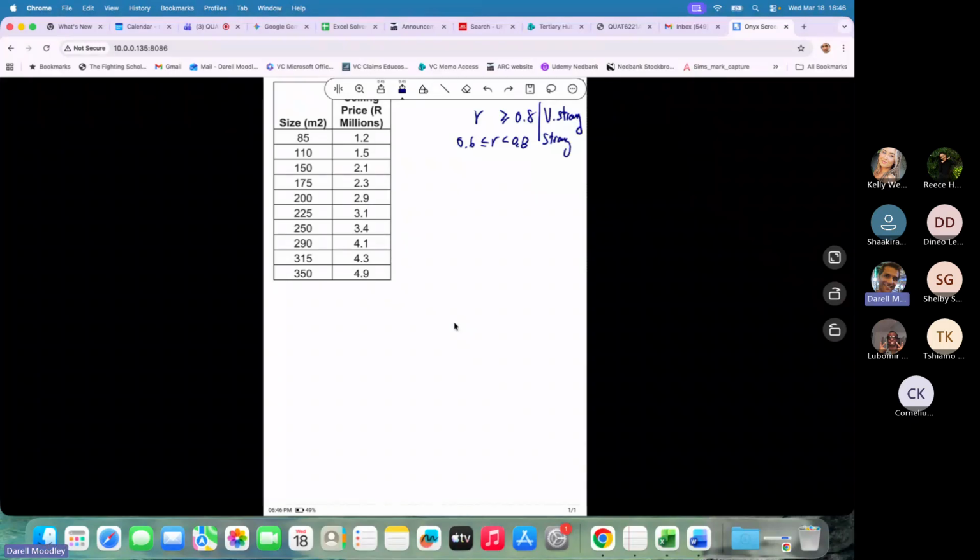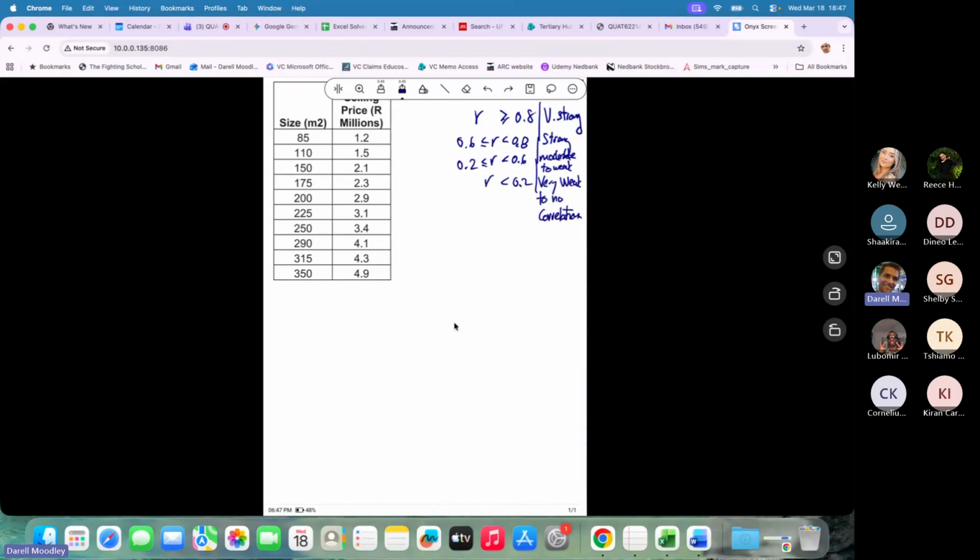Above 0.2 and less than 0.6, we would say moderate. You could even say moderate to weak. And then less than 0.2, it's very weak. Very weak to no correlation. That's your ranges for R.